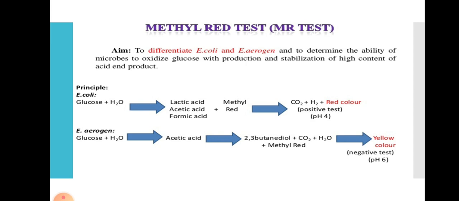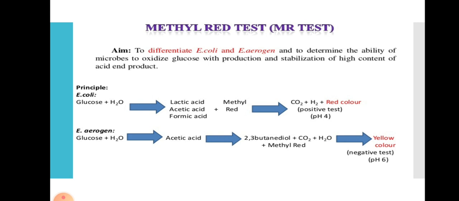We can see glucose produces lactic acid, acetic acid and formic acid, and when methyl red indicator is added, it turns into red color due to production of carbon dioxide and water.